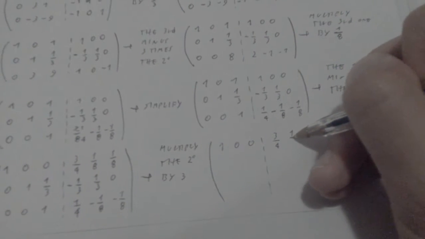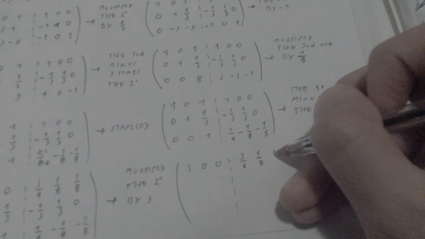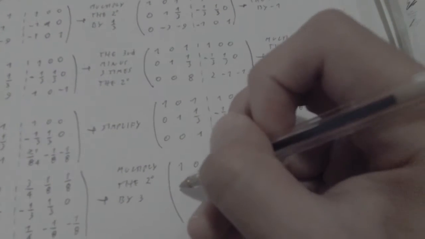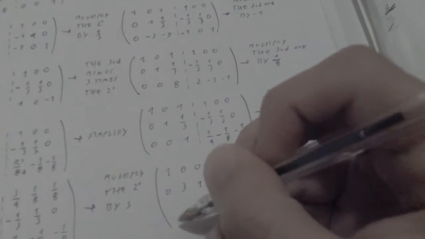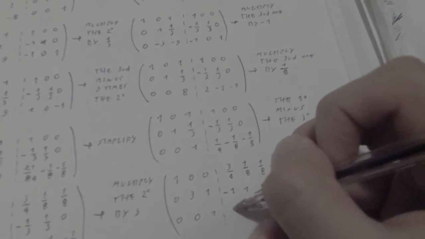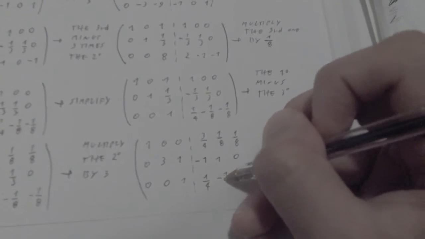So 1, 0, 0, 3 over 4, 1 over 8, 1 over 8, 0, 3, 1, negative 1, 1, 0, and then we have 0, 0, 1, 1 over 4, negative 1 over 8, negative 1 over 8.